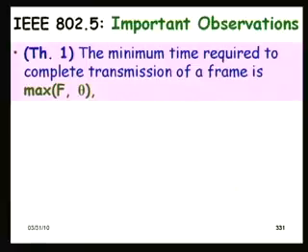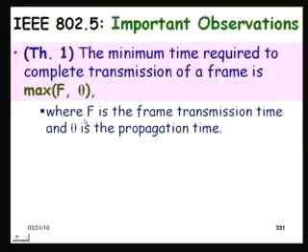One is, stated in the form of a theorem, the minimum time required to complete transmission of a frame is the maximum of f and theta, where f is the frame transmission time. So, basically a token needs to be transmitted. So, this is the transmission time, and then theta is the propagation time.